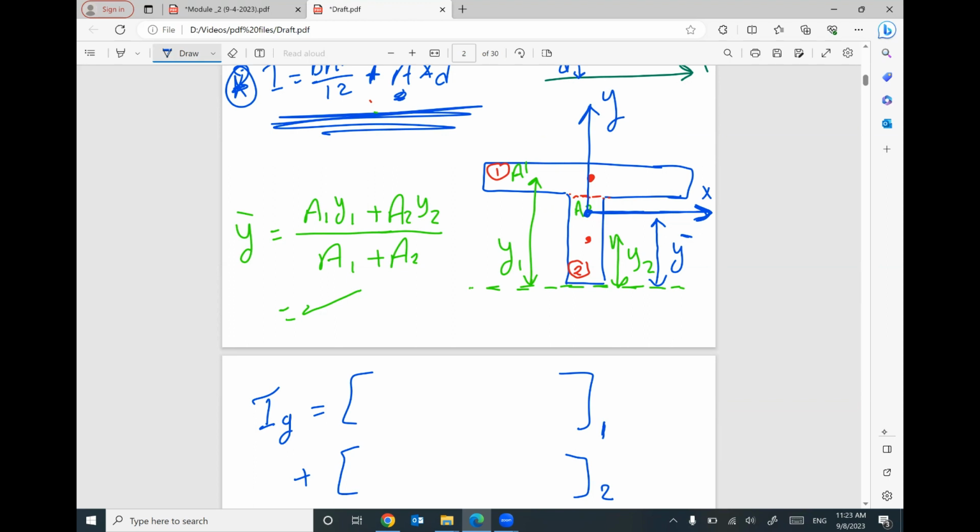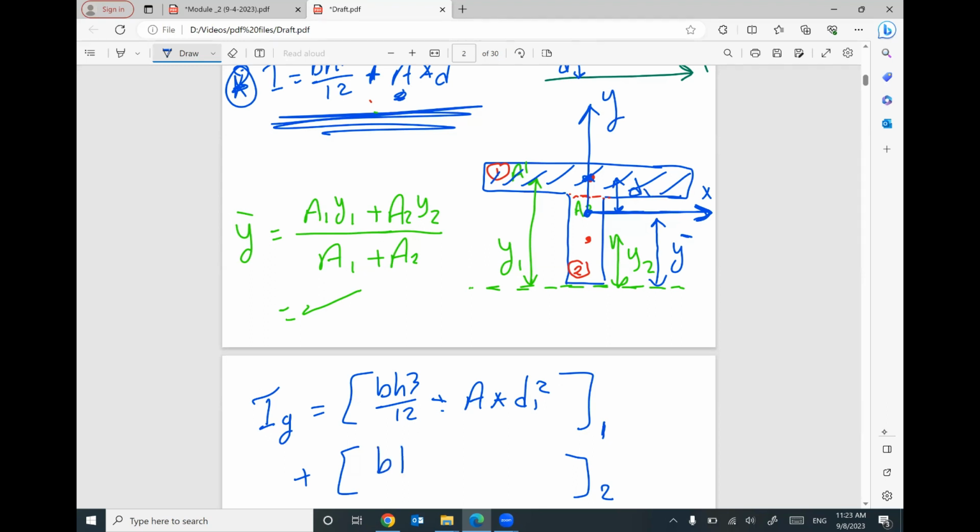Keep in mind, for part number 1, it will be bh cubed divided by 12. But I need to add the area of part number 1 times distance 1 squared, the distance between the centroid of part number 1 and your x-axis.